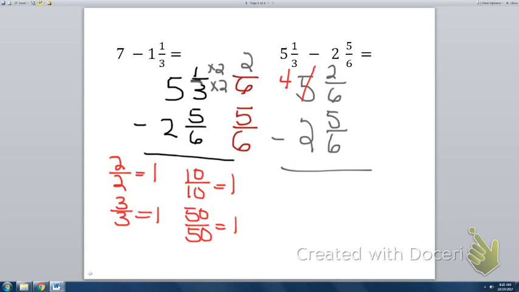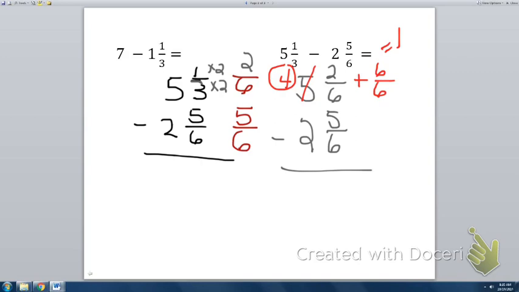So because I'm in 6ths, I want to write 1 in 6ths. And the whole idea is to take this 2/6 and boost it up. So I'm adding 6/6 because, again, I took 1 over here from the 5. So 4 and 6/6, which equals 1, brings me back to 5.